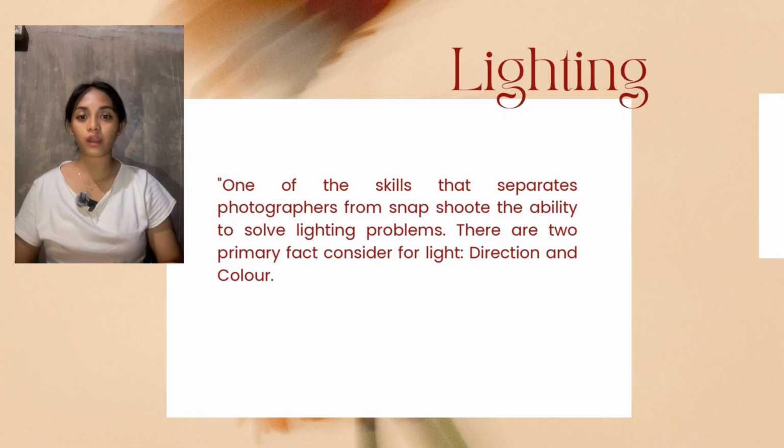So, lighting direction. When we say lighting direction, it pertains to the specific angle and rotation from which illumination reaches a subject. This factor significantly influences the distribution of shadows and highlights, shaping the subject's form, depth, and visual emphasis.